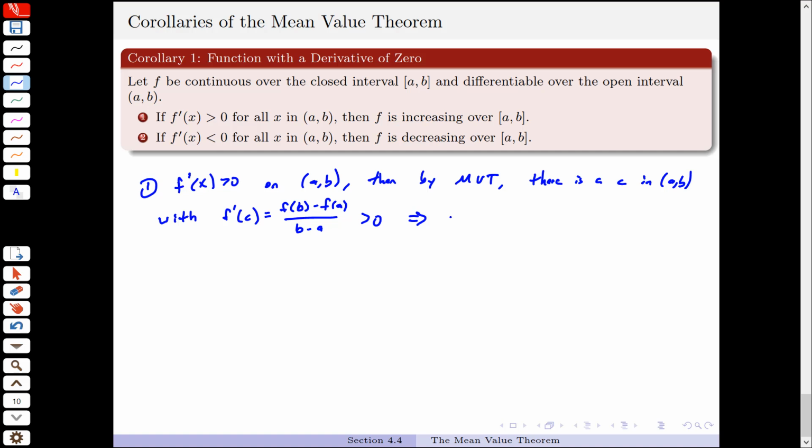So this implies that f of b minus f of a is positive, which implies that f of b is greater than f of a, which is exactly what it means for a function to be increasing. And the second one is the exact same way, except that the inequality goes the other direction, so it's decreasing.